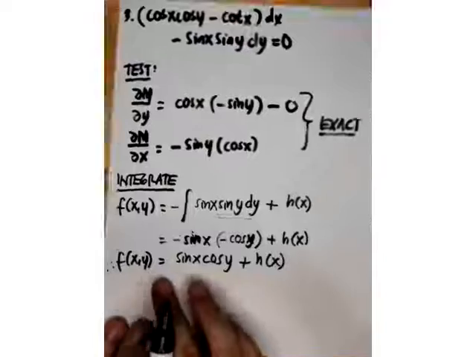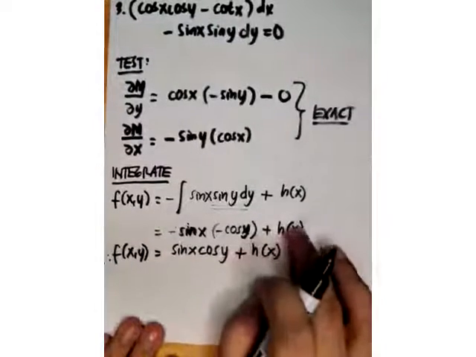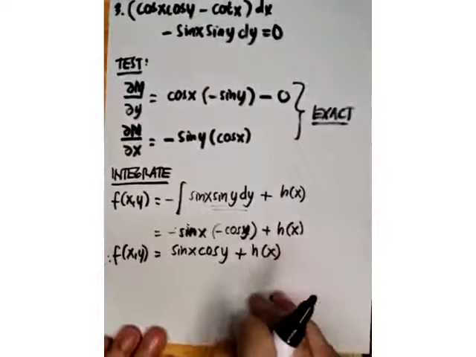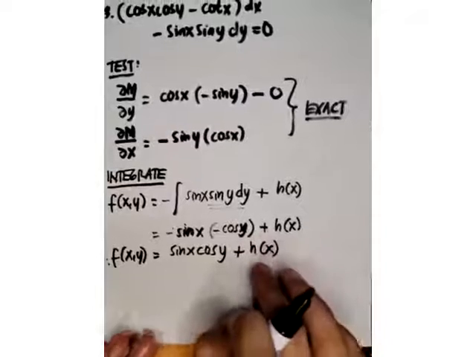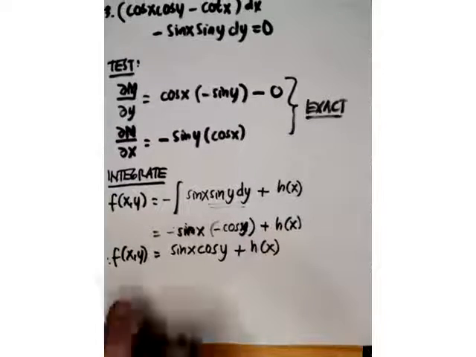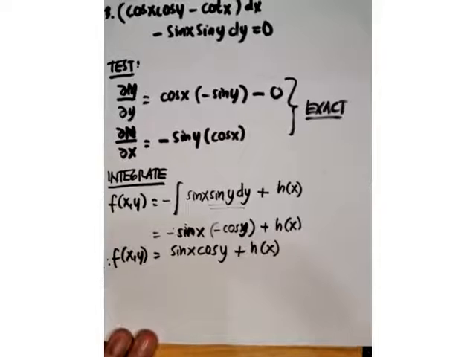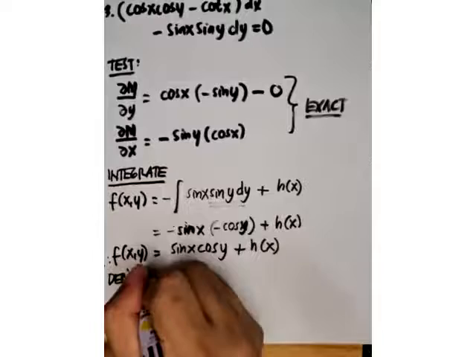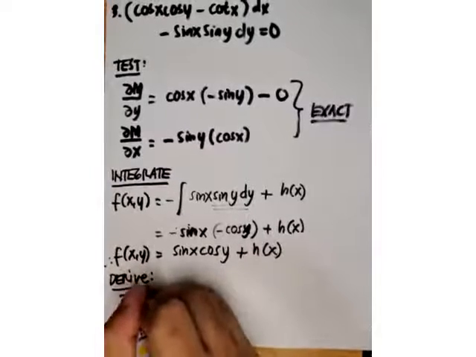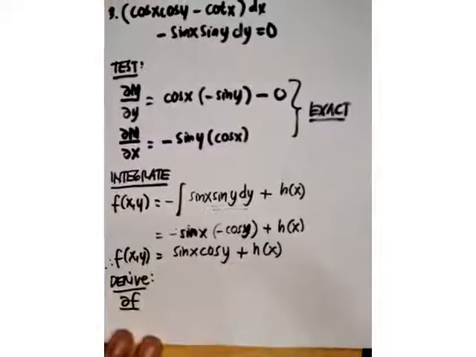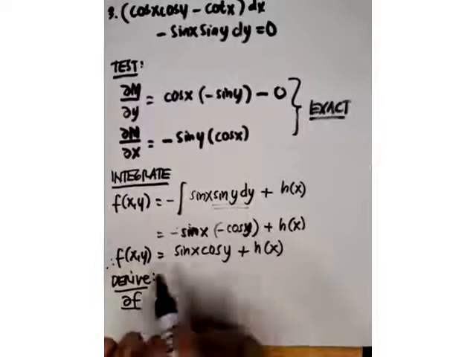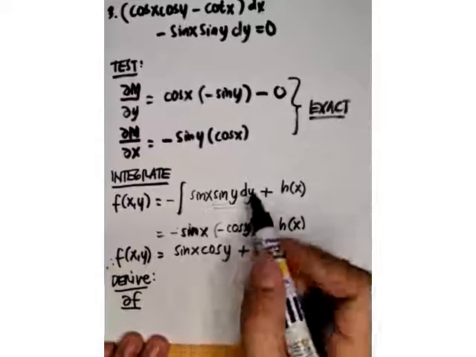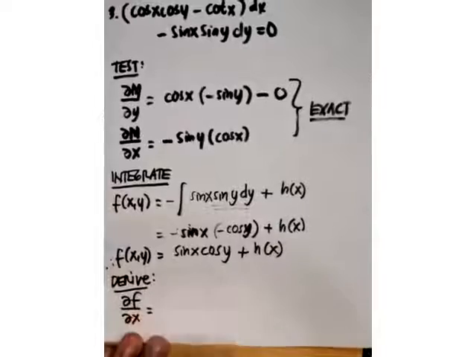Ayan, we need this. That's why I have rewritten it. So final answer, kailangan kasi natin ito. Okay, now we found our f of x, y. Now let's derive. So that's a function of f of x, y. Since sa dy tayo nag-integrate, so magdi-derive tayo sa x.